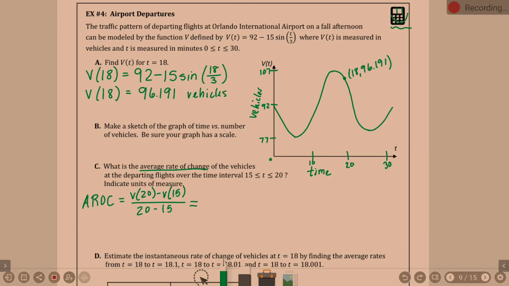This would be vehicles per minute. Yes, because it's rate of change.